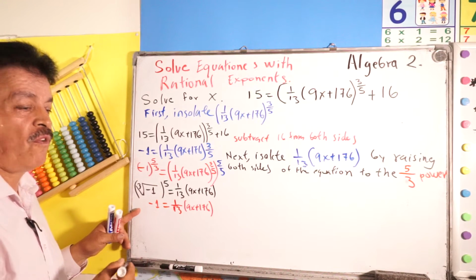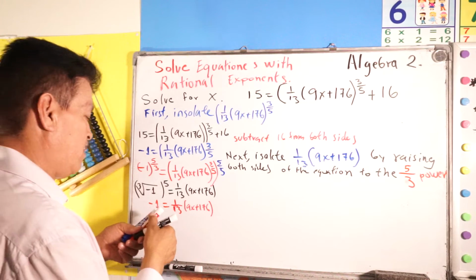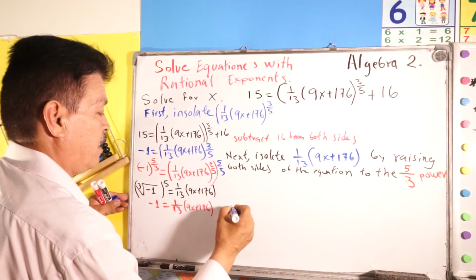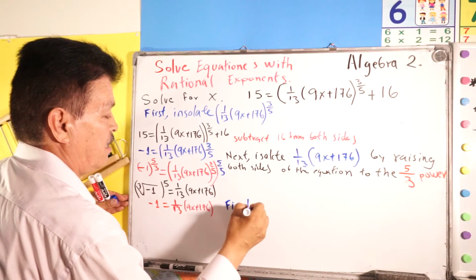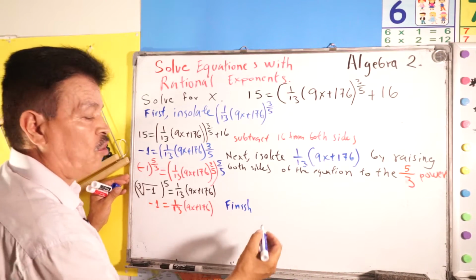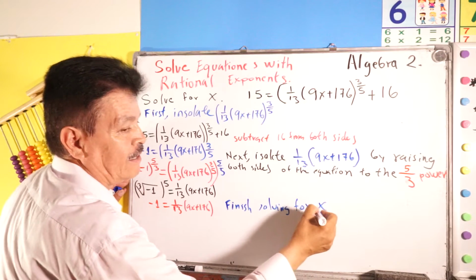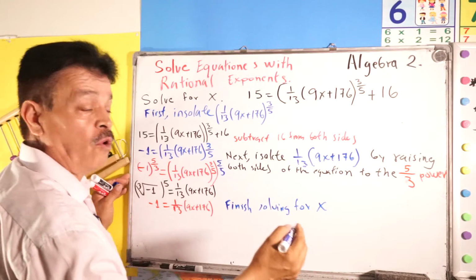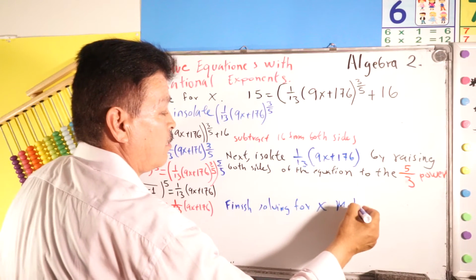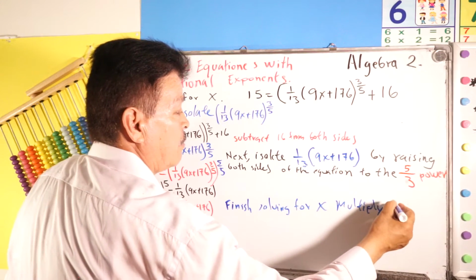Finish solving for x here. To solve for x, multiply both sides.